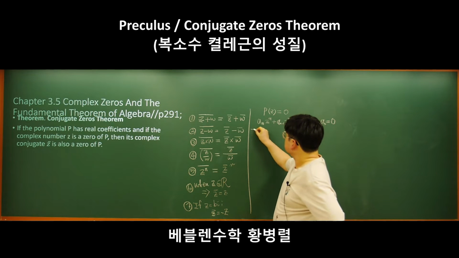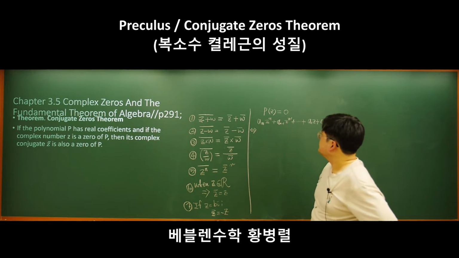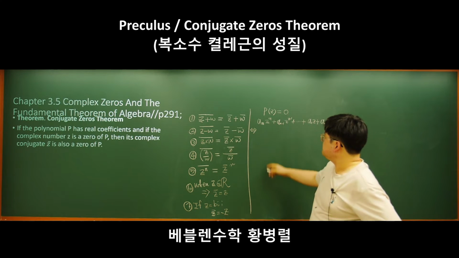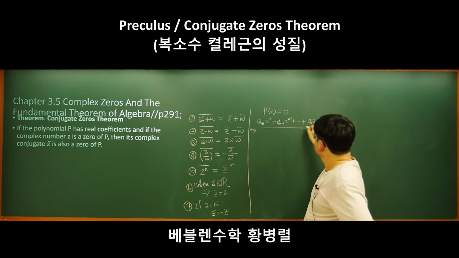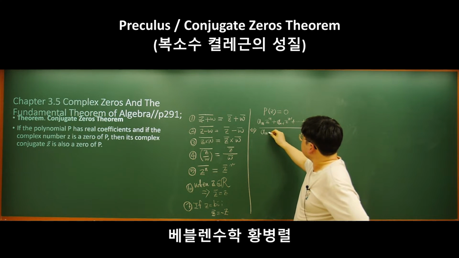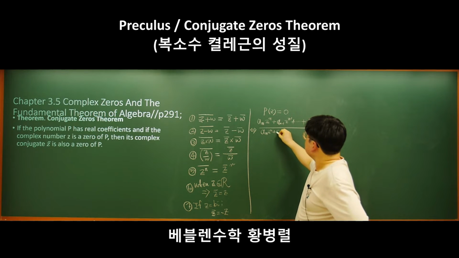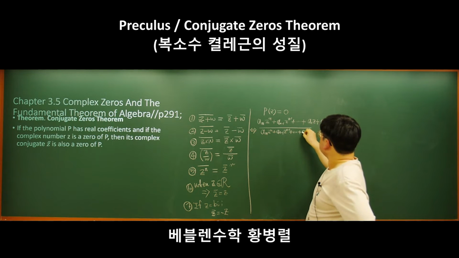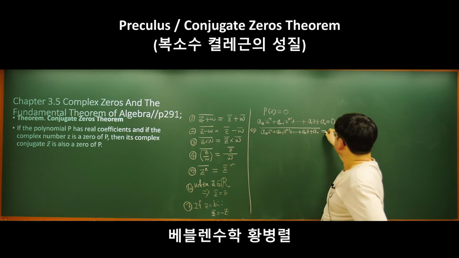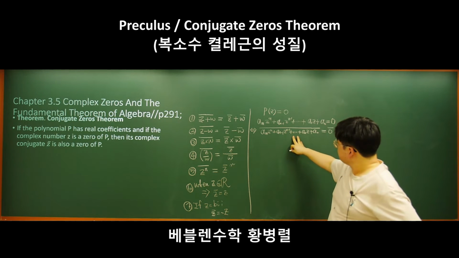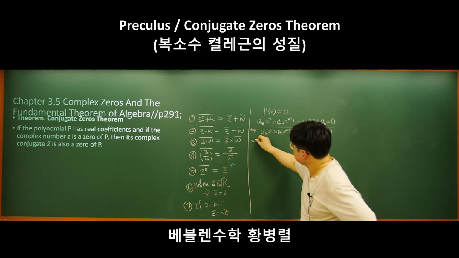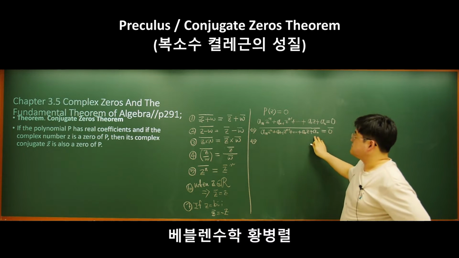Then taking the bar of both sides, a n z to the n plus a n minus 1 z to the n minus 1 plus and so on plus a 0 is equivalent to bar of 0. This is always true.